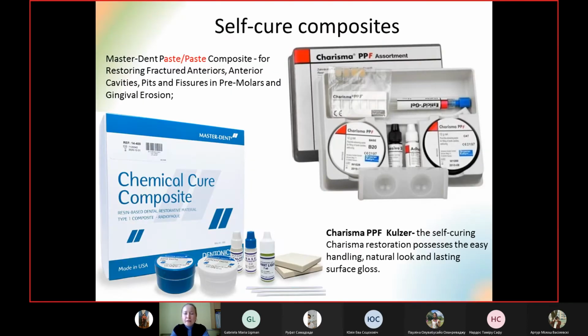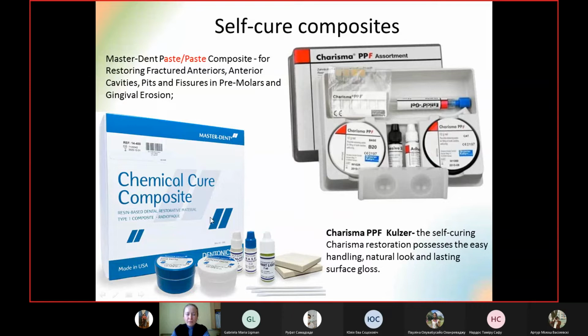Self-cure composites, paste formulations. The most famous representative of this group is the company Kulzer, material Charisma. Base and catalyst we have in 2 boxes. We have an adhesive system of the 4th generation and etching gel in the set of the material.